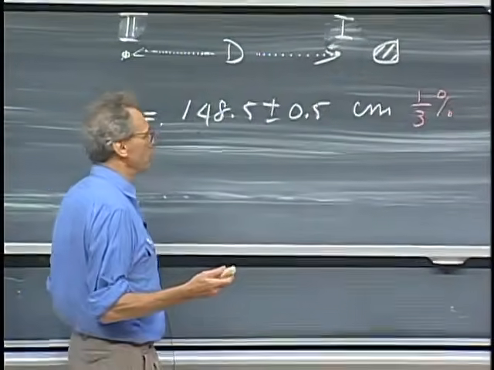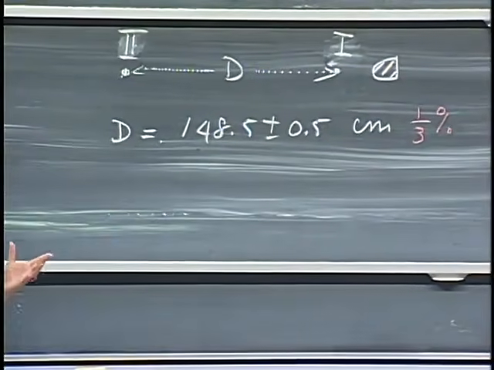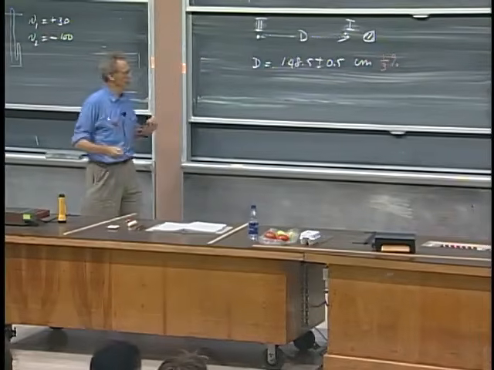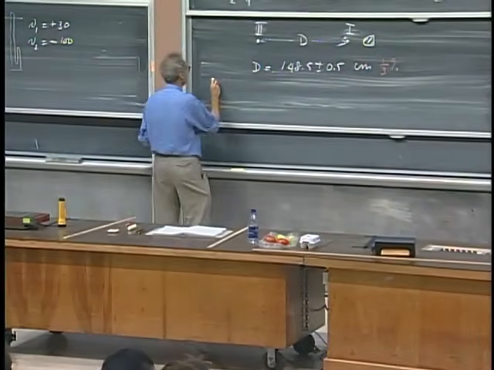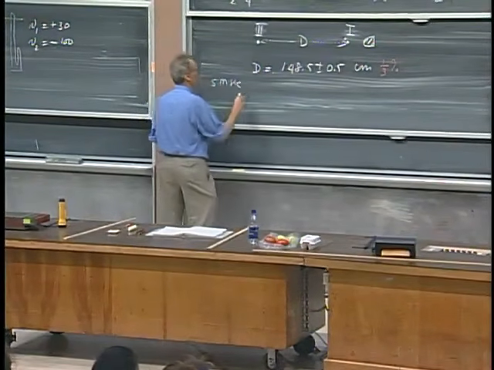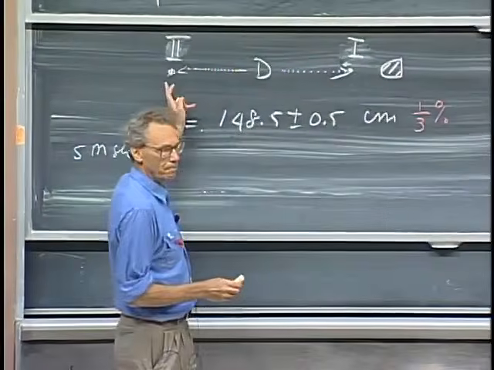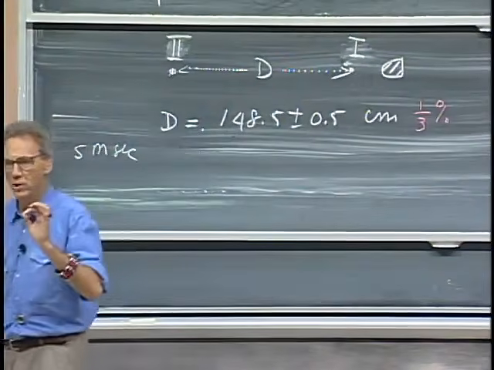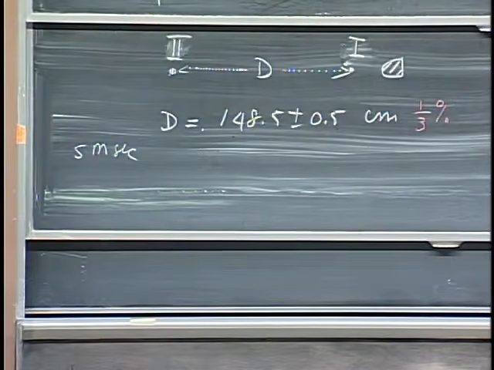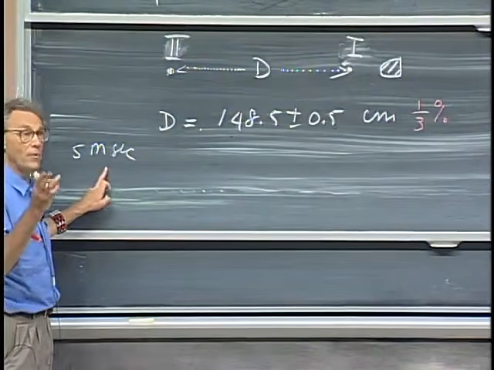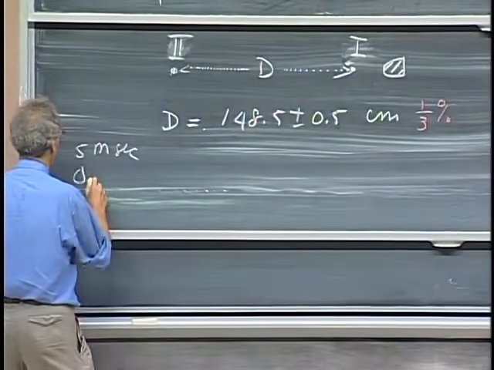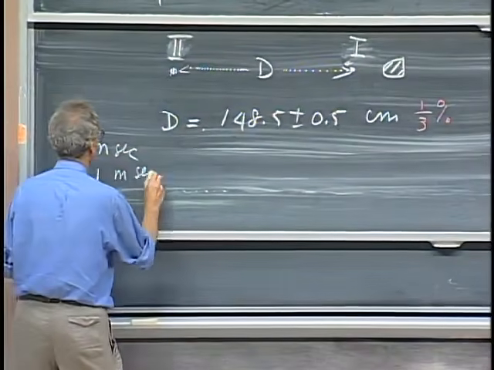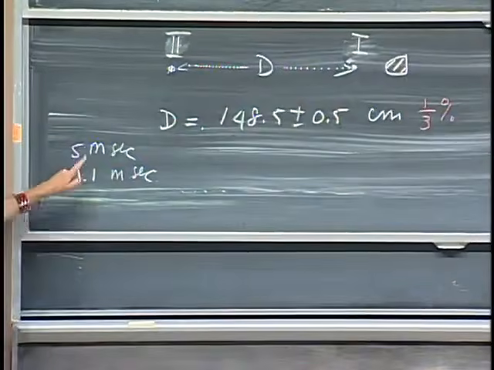Let us assume that the speed is 300 meters per second. Just a wild guess. Then it would take 5 milliseconds for this bullet to cross from here to here. And if I want to make a measurement to 2% accuracy, I have to know this timing to about 1/10 of a millisecond, because 1/10 of a millisecond is about 2% of 5.